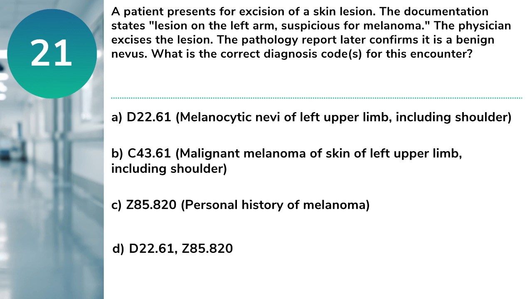A. D22.61, melanocytic nevi of left upper limb, including shoulder. B. C43.62, malignant melanoma of skin of left upper limb, including shoulder. C. Z85.820, personal history of melanoma. D. D22.61, Z85.820.